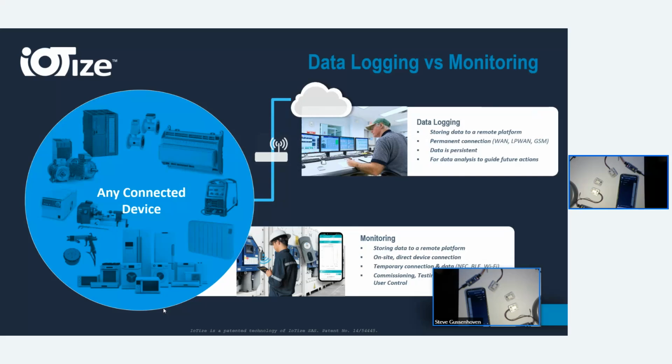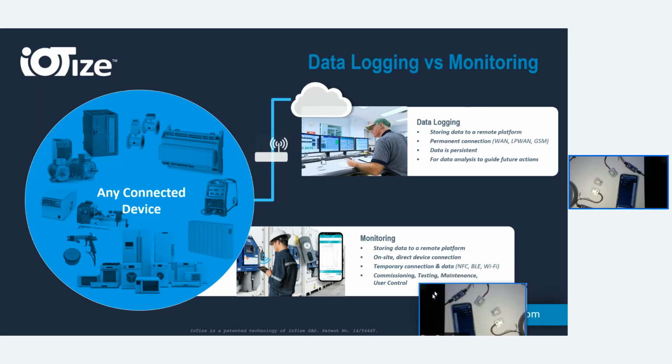Now, to start off with, there's some jargon that we use. We often talk here at IoTize about ideas of monitoring or on-site monitoring versus data logging. And sometimes this generates some confusion because the two approaches are relatively different.